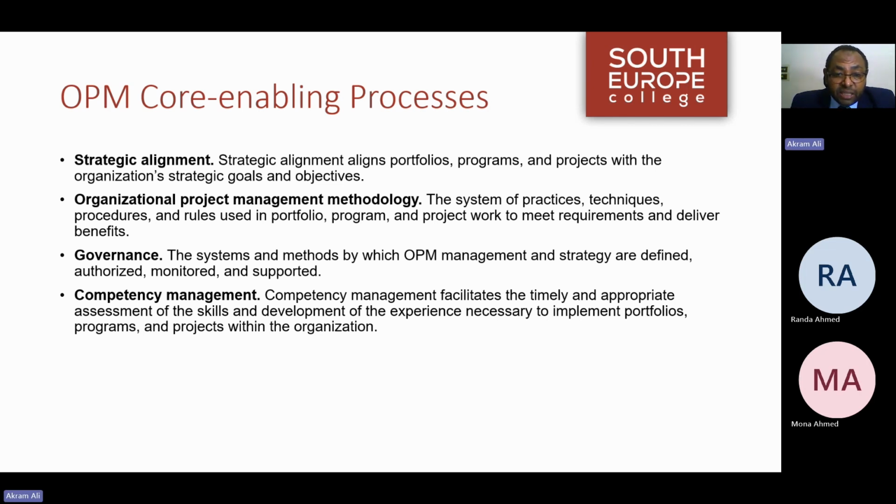Governance, the systems and methods by which OPM management and strategy are defined, authorized, monitored, and supported. Competency management facilitates the timely and appropriate assessment of the skills and development of the experience necessary to implement portfolios, programs, and projects within the organization.